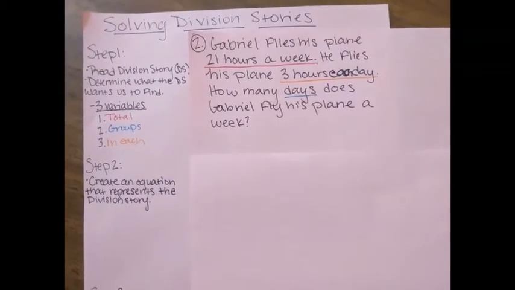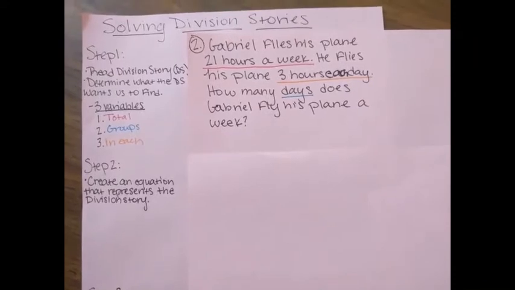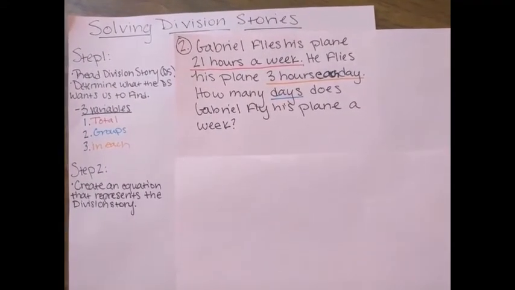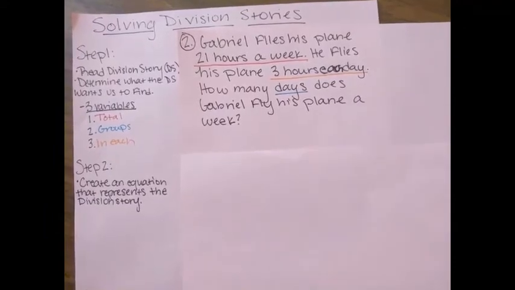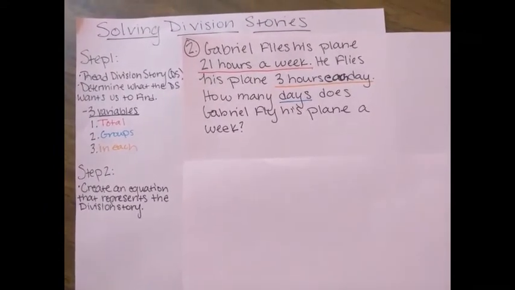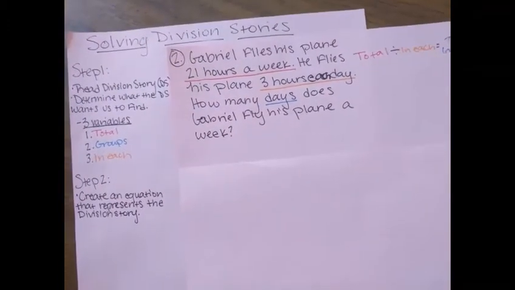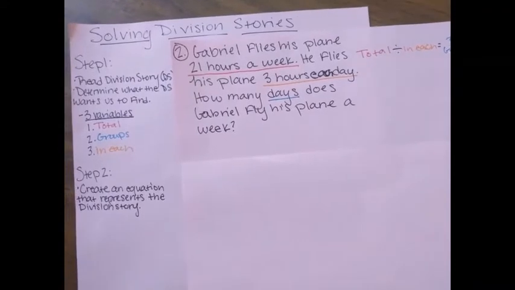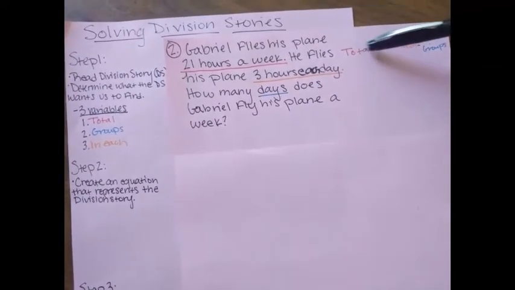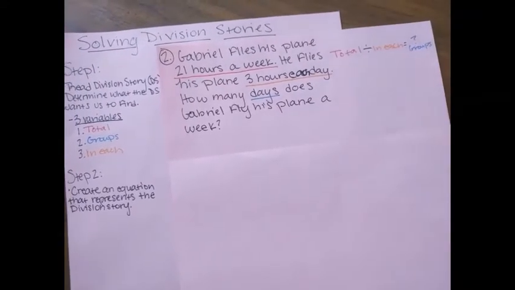So with this information, we are ready to create an equation that represents our division story. When we come back, we will share our equations. Please pause the video here and create an equation that we can use to solve this division story. With the information that we found in our second example, we know that we're going to be taking the total, dividing it by an in each to find our groups.